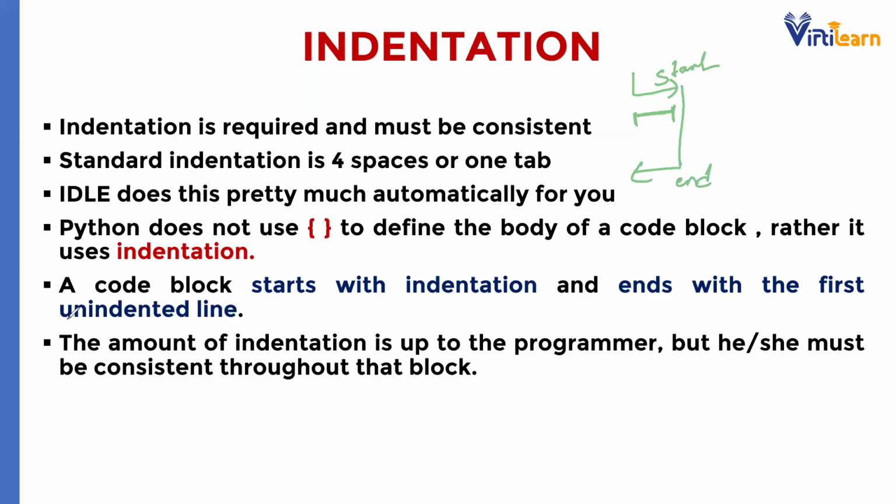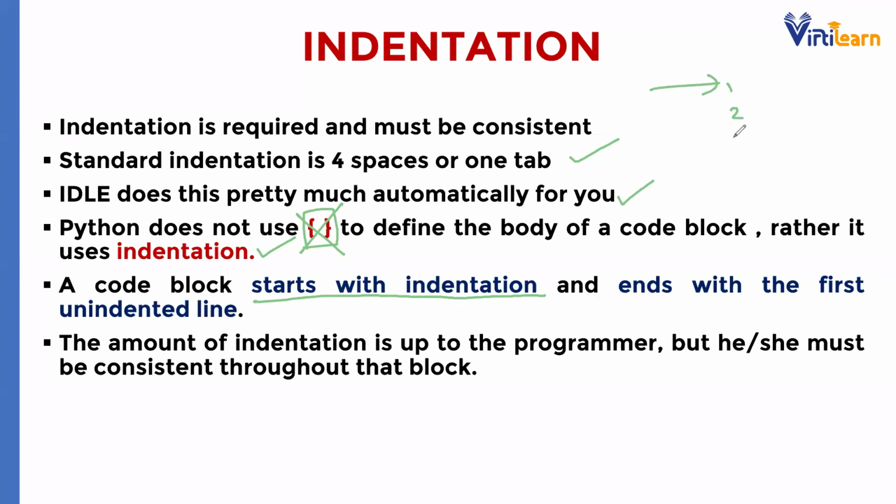You can see the start of the area and the end of the area. That will be very easy to understand when I write code. For now, indentation is exactly four spaces or one tab space. If you press the tab key on your keyboard, that is indentation. Python will ideally do that automatically for you. Just like C programming has curly braces, in Python we don't have them. We have to rely on indentation to define and group a block of code. A block generally starts with an indentation.